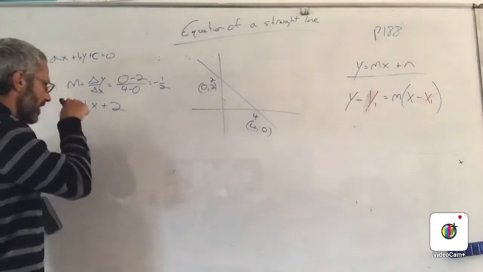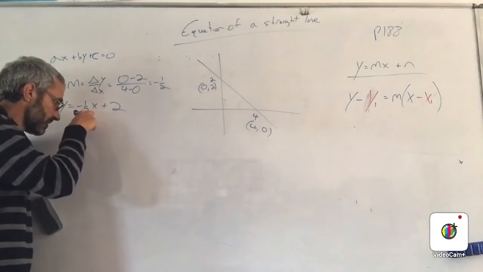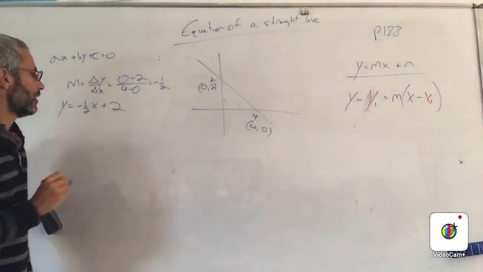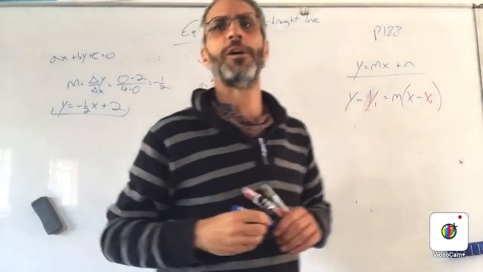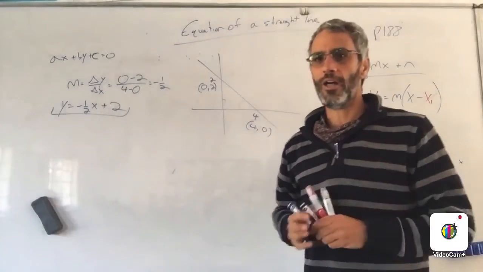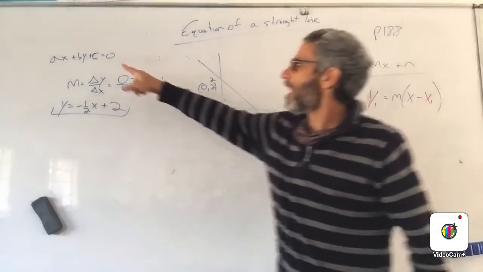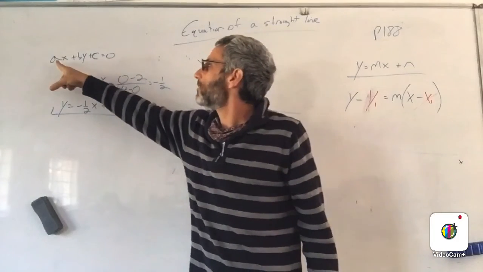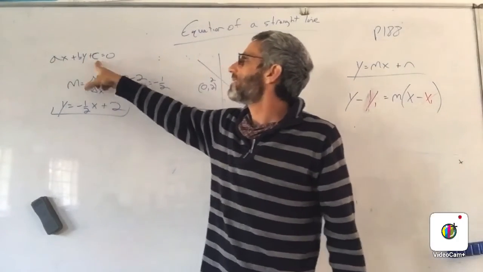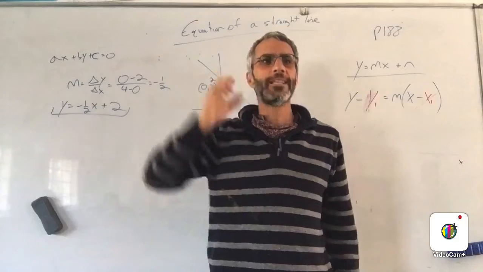Okay? If you put x equals 0, y will be equal to 2. So that is the normal form of our equation. But they're asking us to write it in this form. And what they mean here is that a, b, and c are all integers.